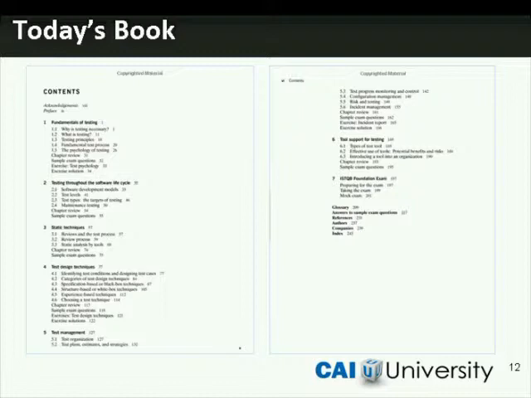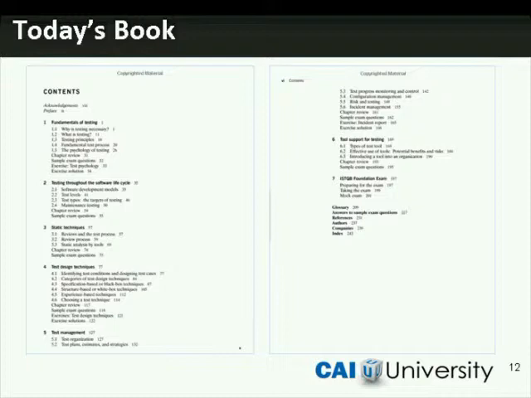Sure. So this book really serves two purposes. One is for the practitioner who wants to ensure that they have and are utilizing the fundamental best practices of testing.